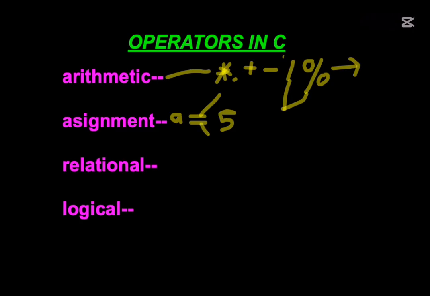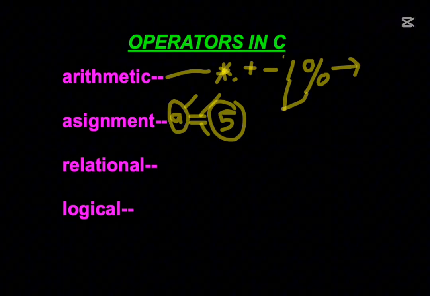What I'm doing here is trying to store 5 inside this variable, the compartment in the memory that has the label a, because a variable is just like a label on a compartment in the memory. In my previous video I explained this, so if you're confused, you can watch my other video where I explain variables and data types.